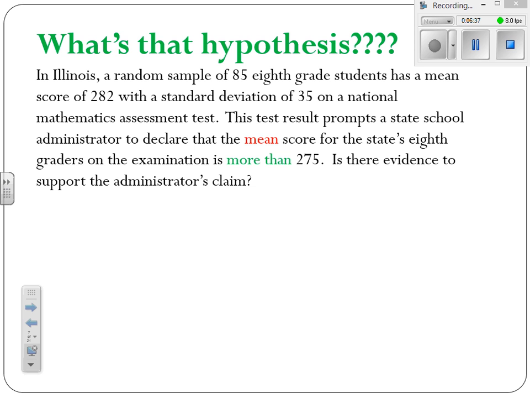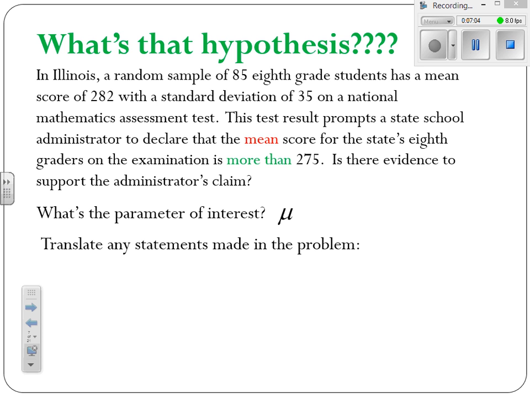The test results prompt a state school administrator to claim, so you can see it's in red for a reason, that their average score was more than 275. So the first thing that we want to do when we start thinking about our box, if you will, is, are we talking about which parameter, mu or p? Well, there's the word mean. That means we're talking about mu.